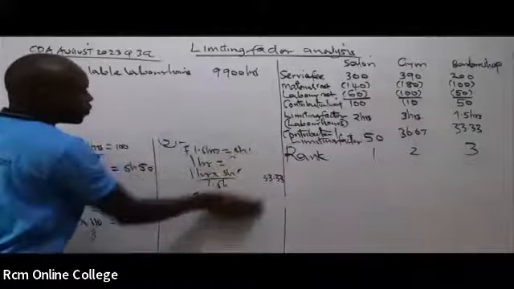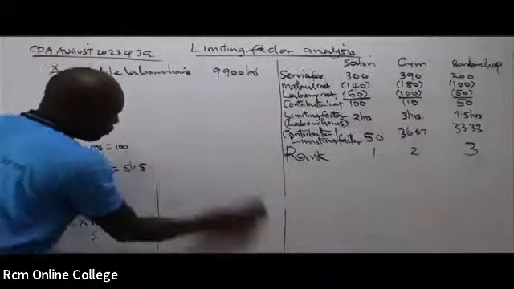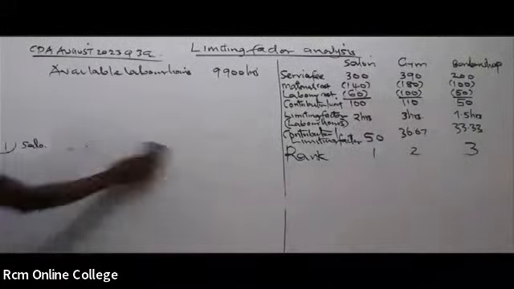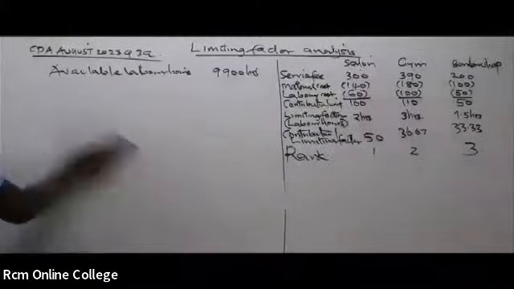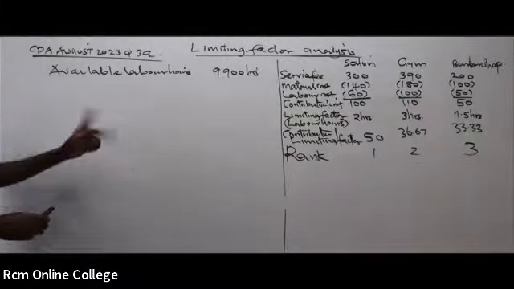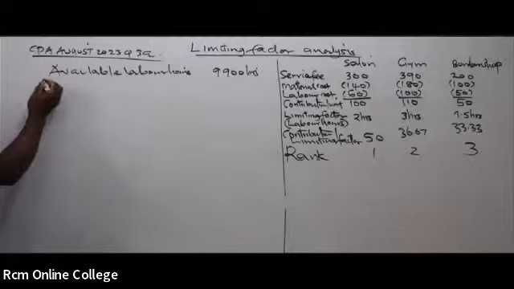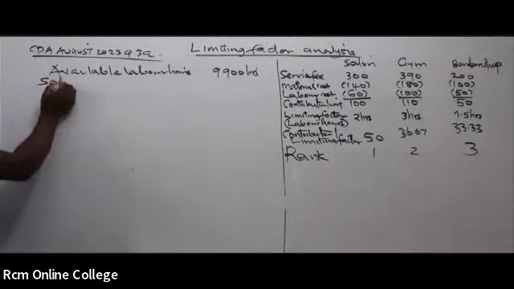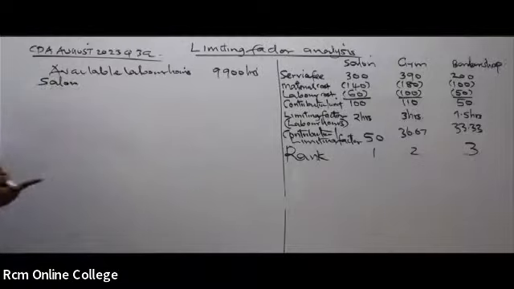Yes. So you don't stop at the ranking point. Once you've been able to rank the products, you must go ahead and tell us which specific units we are going to produce for each product. Under ranking, salon is the first item, number 1, the most profitable.